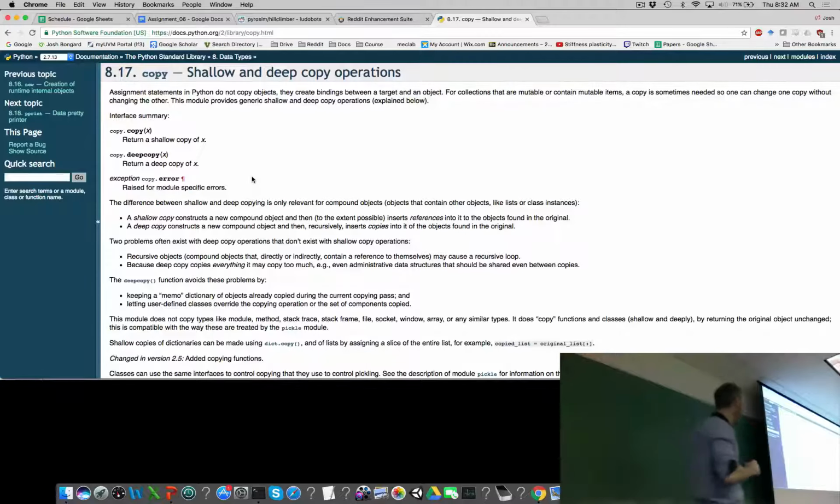There seems to be a little bit of confusion about whether, when it does a deep copy, it actually copies the references or the values themselves.